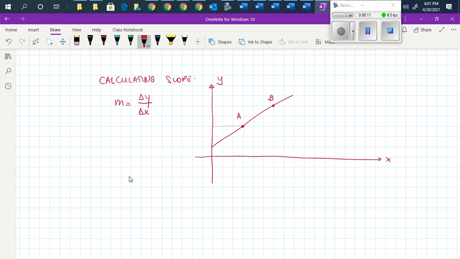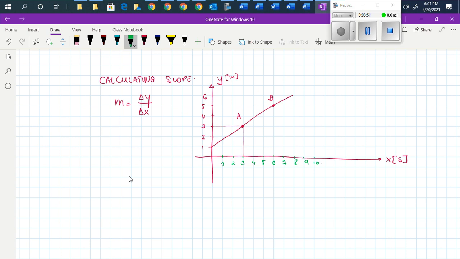Each of those squares represents, let's say, 1 unit: seconds on one axis and meters on the other. So 1 meter, 2 meters, 3 meters, 4 meters, and so on, and for the time axis again 1, 2, 3, 4, 5, 6, 7, 8, and so on.